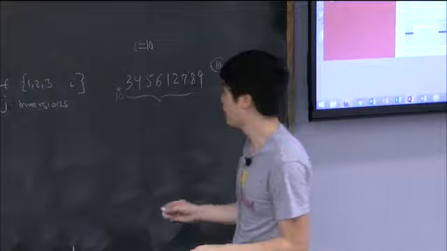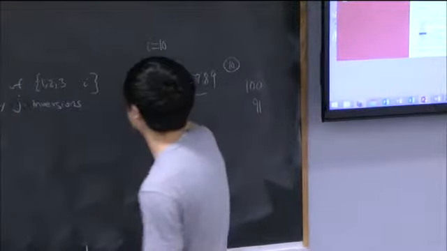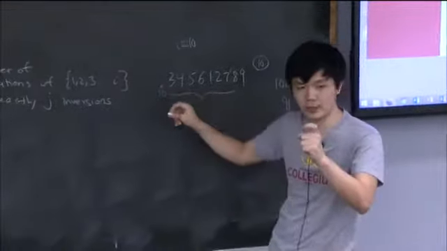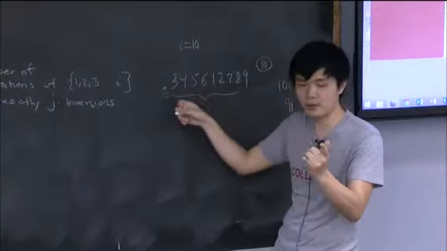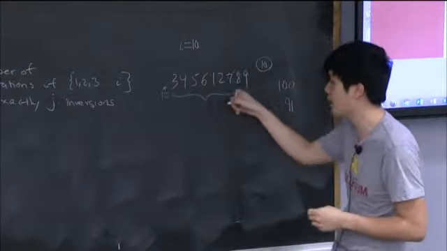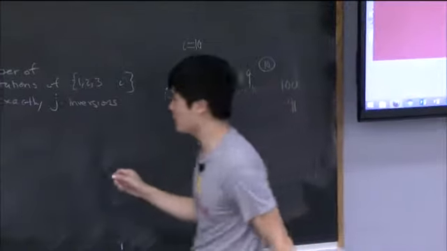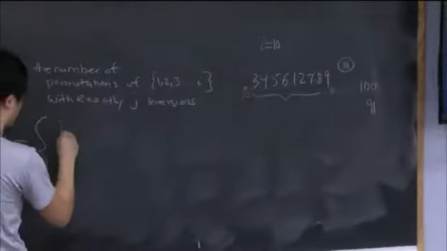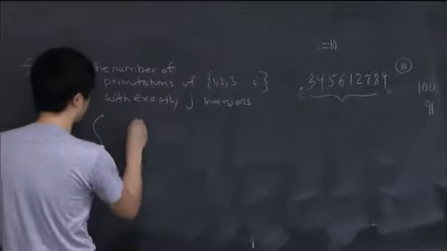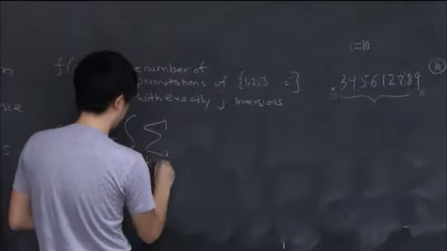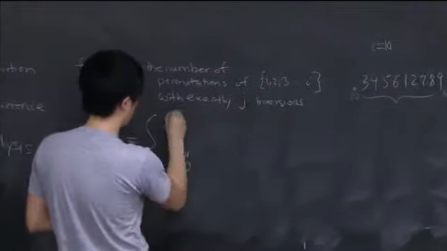Maybe I'll write it out and it'll be a little more clear. Of course, this 10 can go here to make 9 inversions. It could also go here to make 8, here to make 7, 6, 5, dot dot dot, all the way to the end to make 0 inversions. So here's what our recursion is going to look like. This is going to be a summation from k equals 0 to i minus 1.